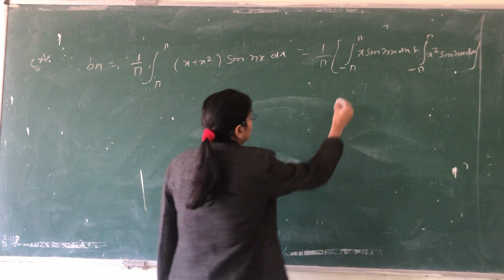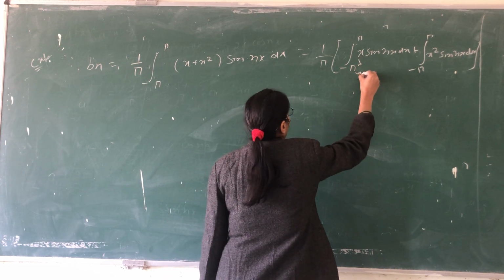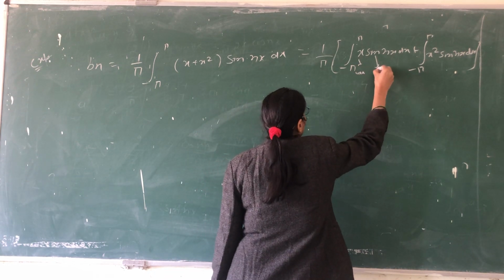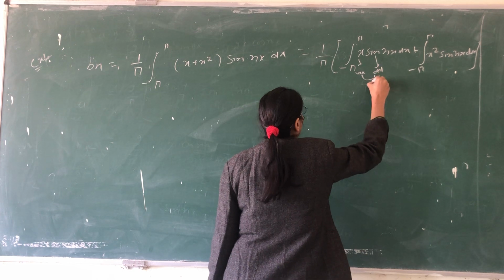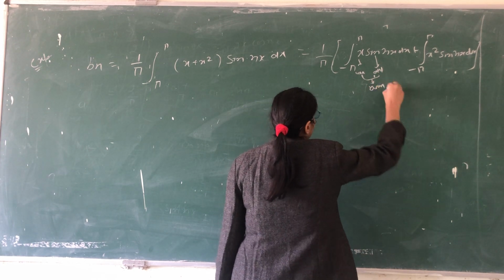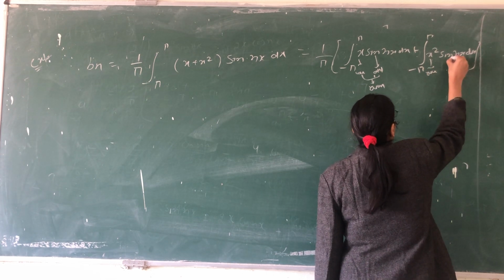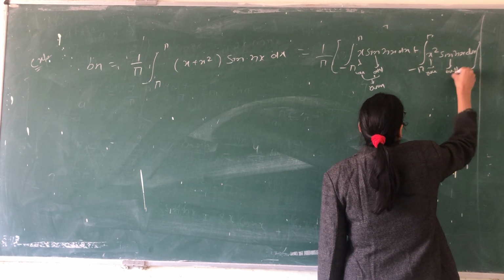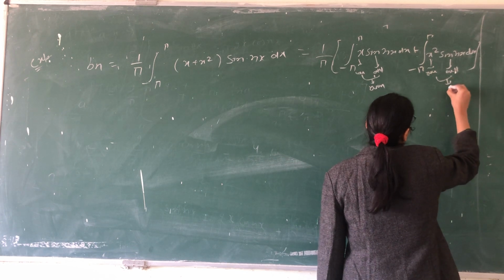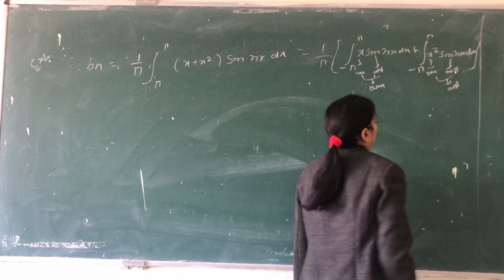Now here this x is what? Odd function. Sine is what? Odd function, and odd times odd is what again? This is an even function. Here x square is an even function. Sine is an odd function. So the multiplication of even and odd is what? An odd function.